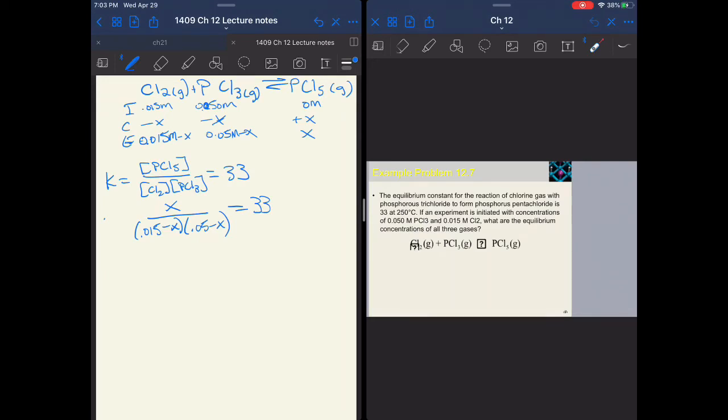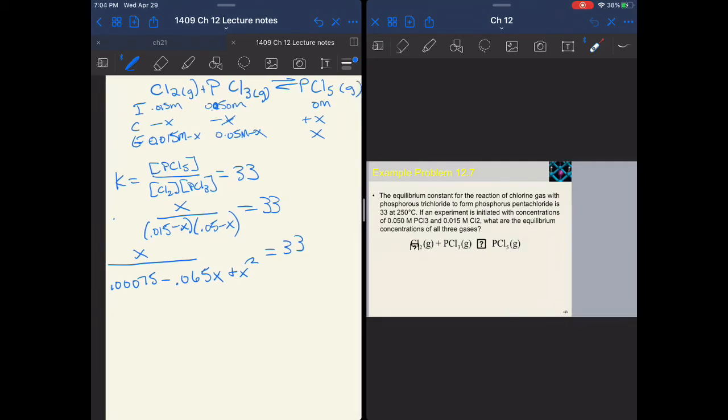Now we're going to work out that bottom part, so we're going to have x over 0.00075 minus 0.065x plus x squared, and all of that equals 33.